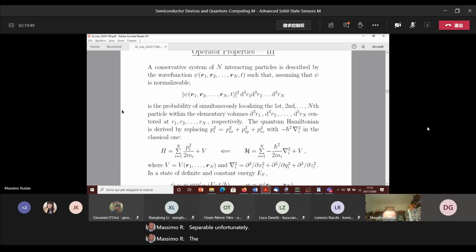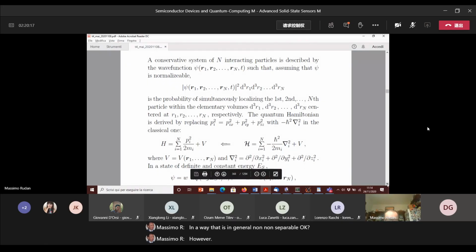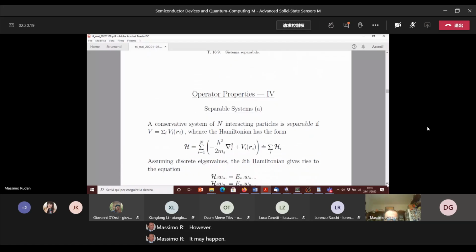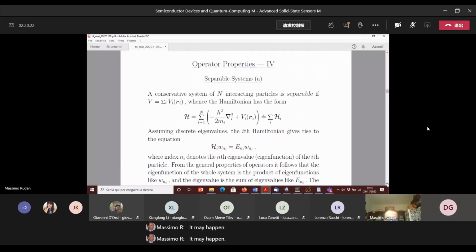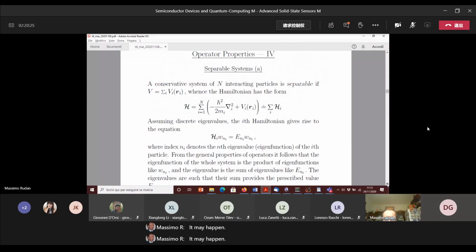Unfortunately, the potential energy is not. The potential energy is a function in which, since all particles interact with all other particles, in the expression of the potential energy we find all the coordinates mixed in a way that is, in general, non-separable. However, it may happen that the potential energy is separable.